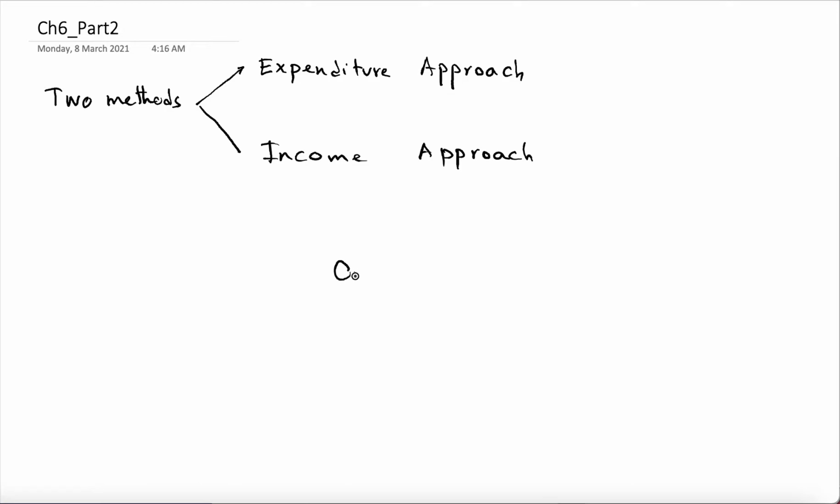So the output at aggregate level is always equal, so it's a triple line, not an equation, it's an identity. It's always equal to the aggregate expenditure or its aggregate income.